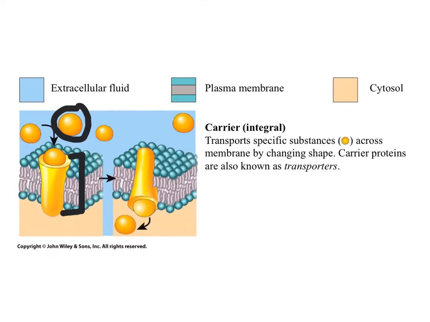So that specific substance has to bind to the carrier protein, and then the carrier protein allows that to be put into the cell. So this is actually a very specific type of binding and a very specific way to bring things into the cell.